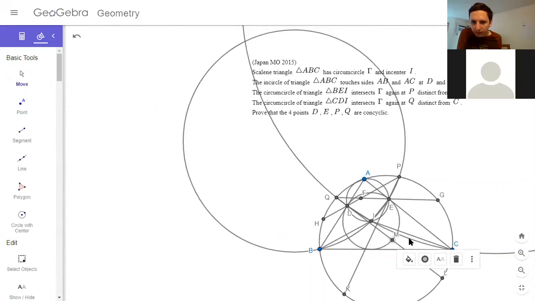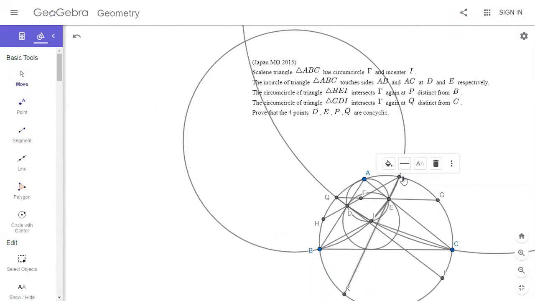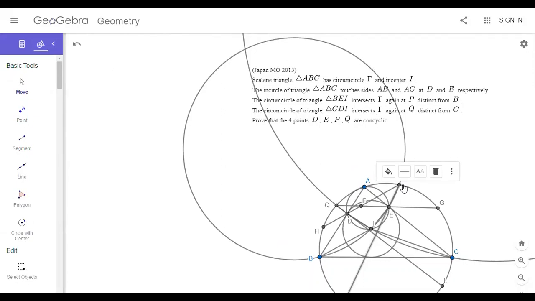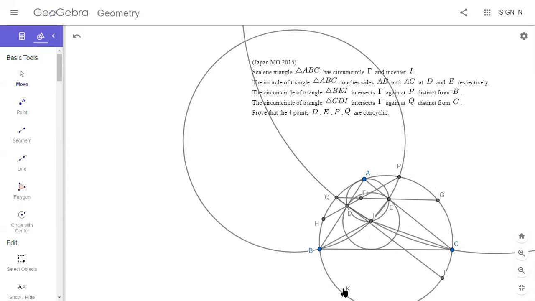I'm gonna delete some of the extra lines we added. Make it clear. Okay, but so I'll fix the calculation once I write it up. But I think the idea is right. So it really is just an angle chase. It's a little bit complicated.